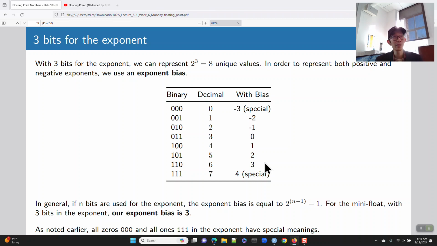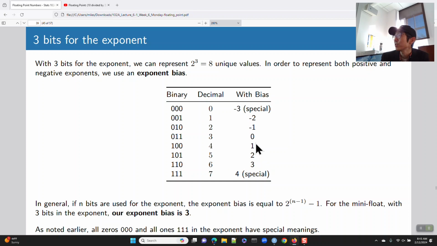We want half of these to be positive, a 0, and then the rest to be negative. So with 6 unique values, we're going to represent positive 1, 2, 3, a 0, a negative 1, and a negative 2. So we can represent exponents as low as negative 2 and as high as positive 3.